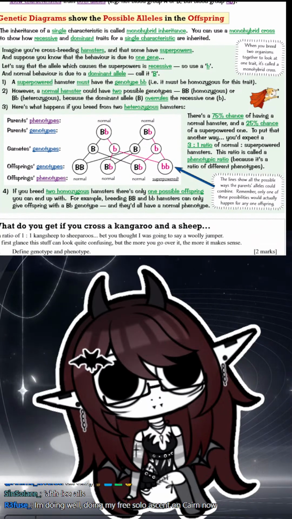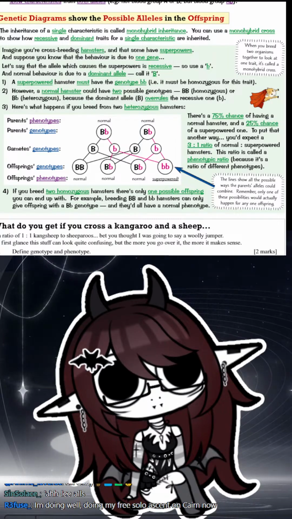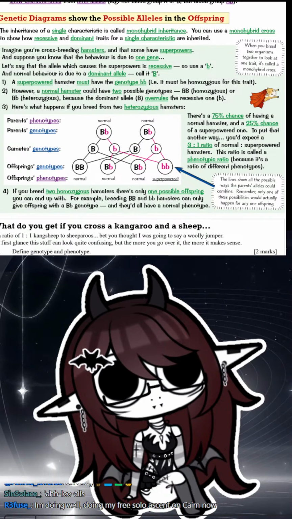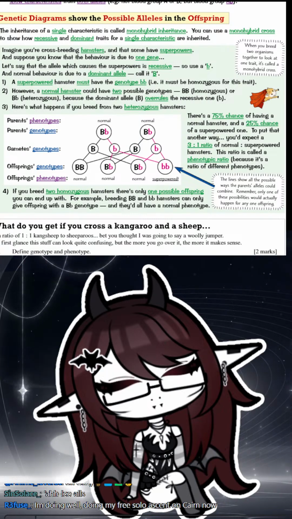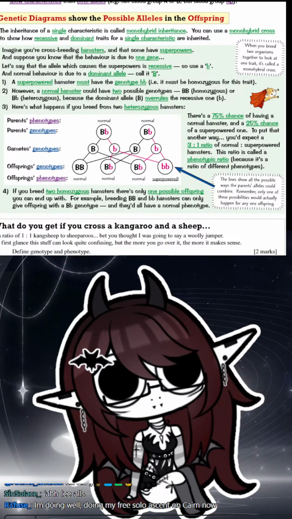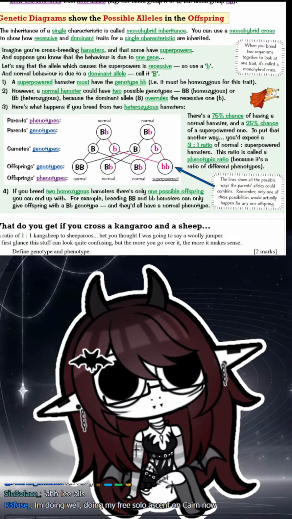Imagine you're crossbreeding hamsters, and some have superpowers. And suppose you know that behavior is due to one gene. Let's say the allele which causes the superpower is recessive, so we use a lowercase b. A normal hamster behavior is due to a dominant one.